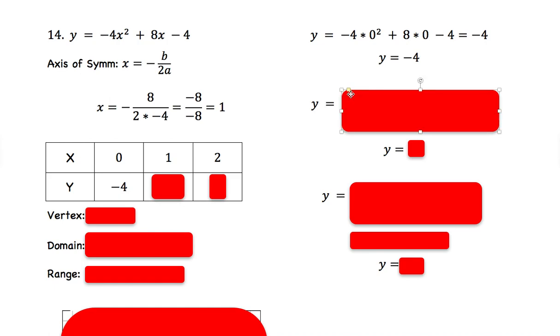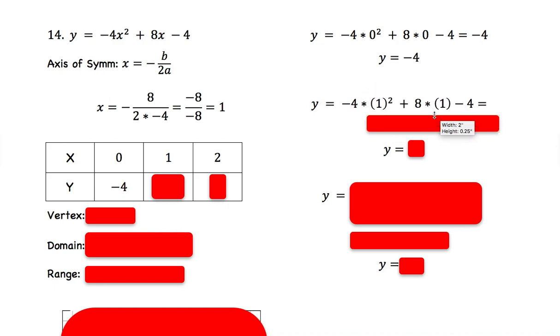When x is 1, let's go ahead and take this step by step, semi-step by step. There we go. When x is 1, we plug it all in. Here we've got negative 4 times 1 squared plus 8 times 1 minus 4. 1 squared is just 1, so we have negative 4 times 1, which is just negative 4. 8 times 1 is just plus 8, and then we have a negative 4.